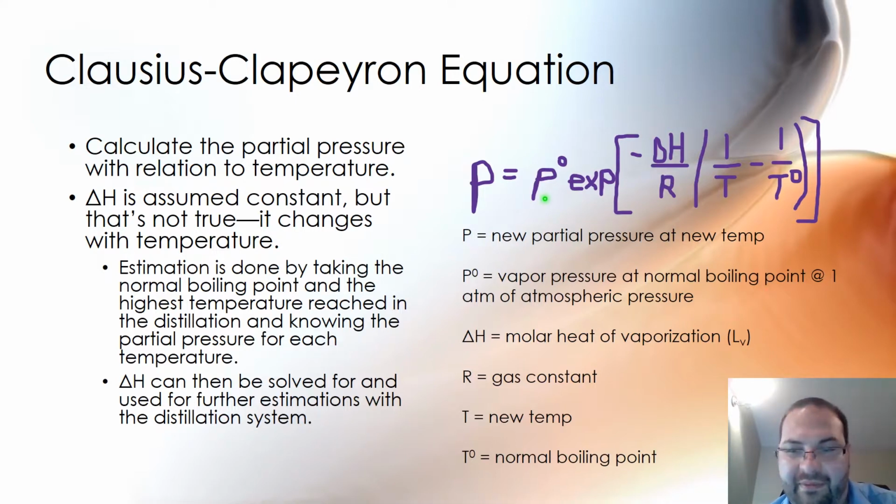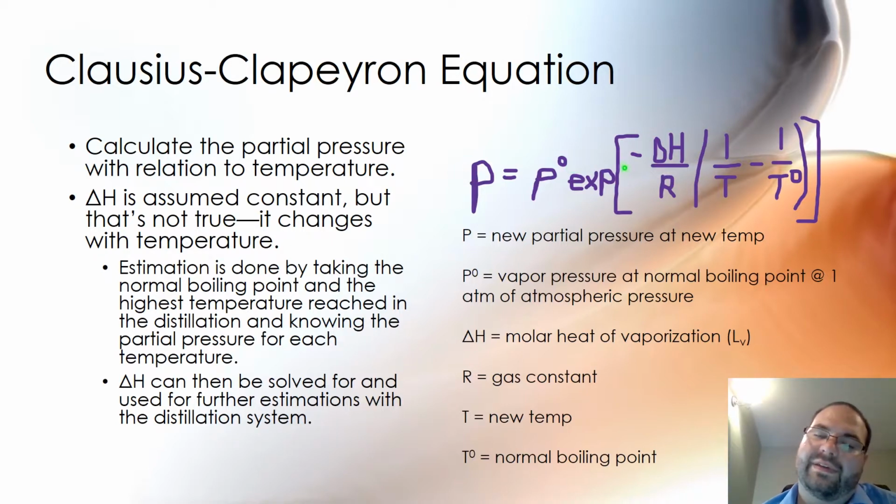It's different from Raoult's law, because in Raoult's law, the P naught there is actually the P in the Clausius-Clapeyron equation. So that's the distinction between the two, and it will be a little confusing to follow because of that.